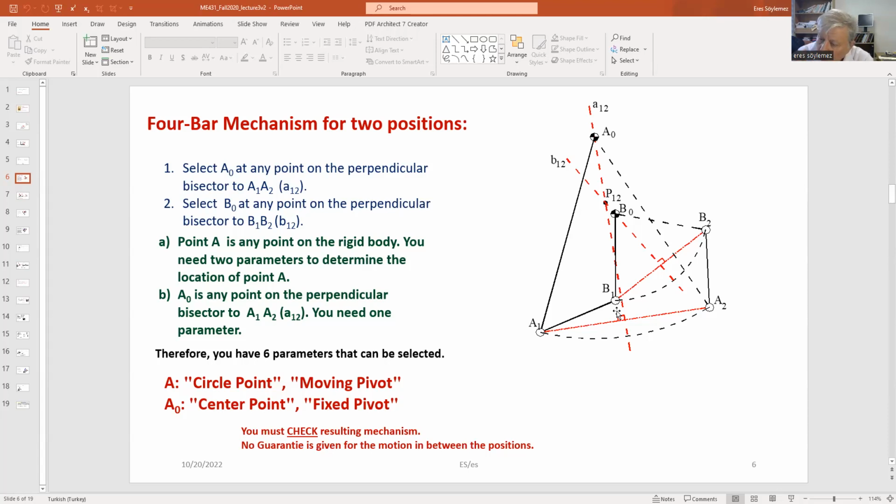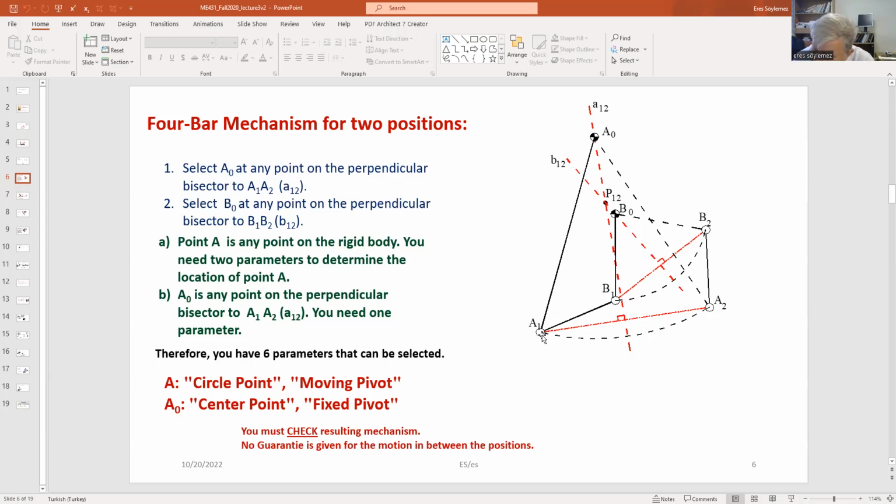Once I select A1, A2 is unique, and this perpendicular bisector is unique. Correct? So I can select A0 anywhere on this perpendicular bisector. So I have 1 additional parameter.